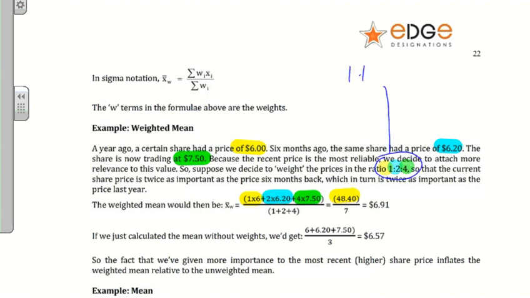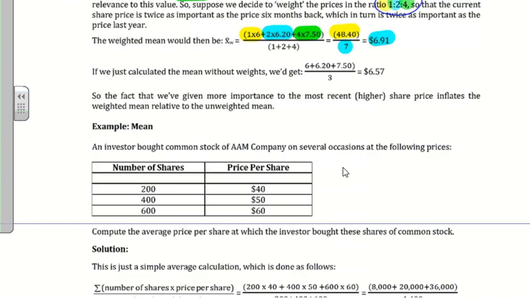So it's 1 plus 2 plus 4, and that gives me my denominator. Can anyone see that? And now I get not an arithmetic mean, but a weighted mean. And of course, you can change the numbers around as you see fit.